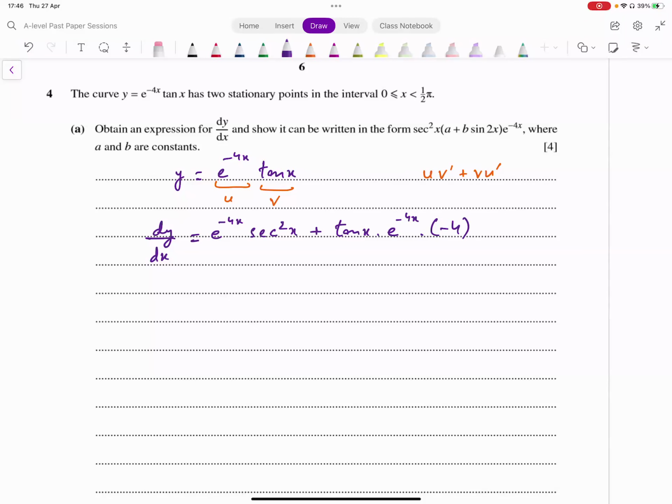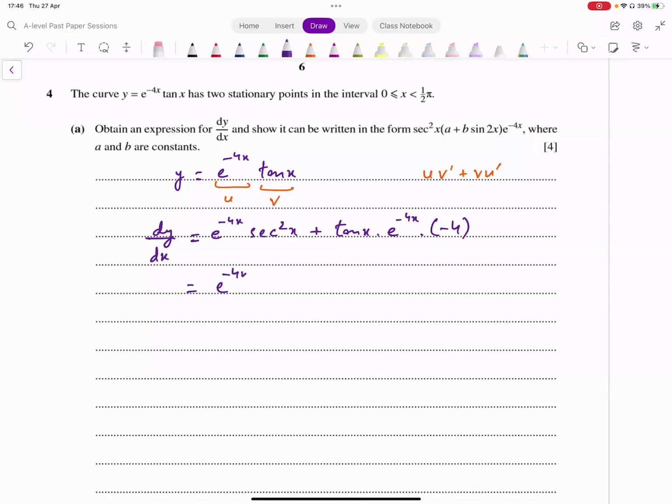ठीक है? Now we simplify this and we have to somehow prove that this becomes this form. Now, how can we do that? We could take e raised to minus 4x common, right? That has to be outside. So let's take that common first of all. So it simplifies things for us.